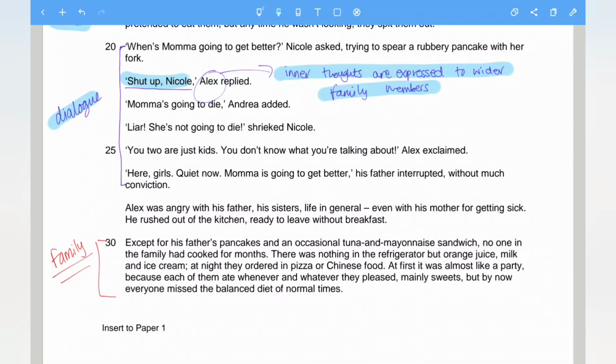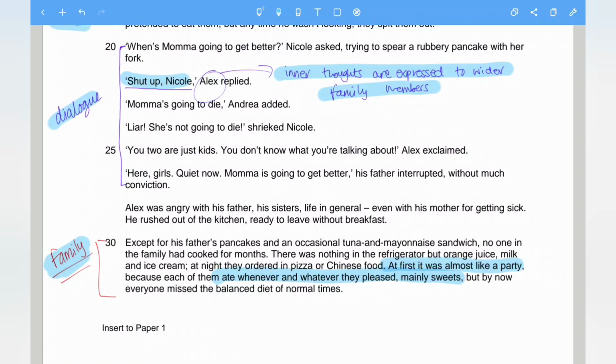And then if you look towards the end of this paragraph, the writer focuses on the family. So how has the family been affected? Now, of course, they are struggling to deal with the mother's illness, but there is a hint of some positive outcomes from this. Although it's ephemeral, although it's short-lived, they did seem to have a party where they were able to have anything they wanted, whatever they pleased, mainly sweets.